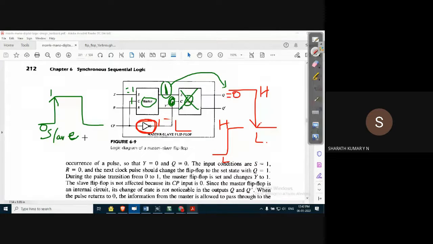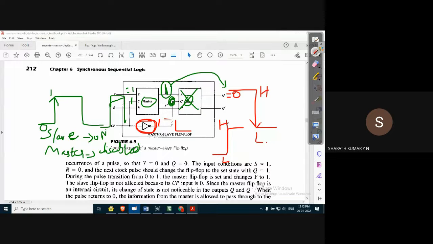Basically the slave is on, and the master flip flop is off or disabled. Whereas when the same clock pulse, guys, not one more cycle, in the same cycle, we should understand this concept.